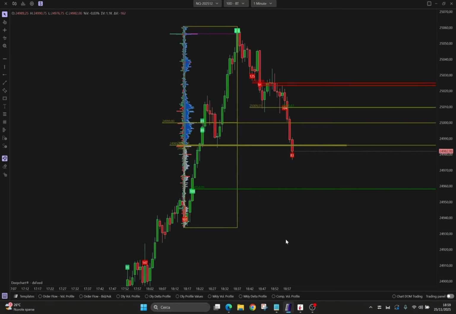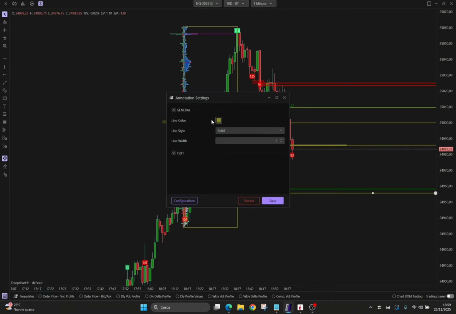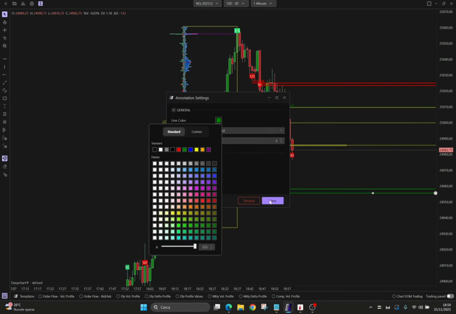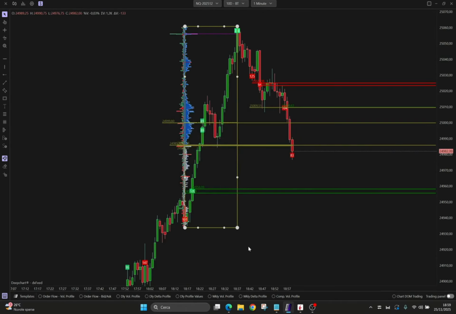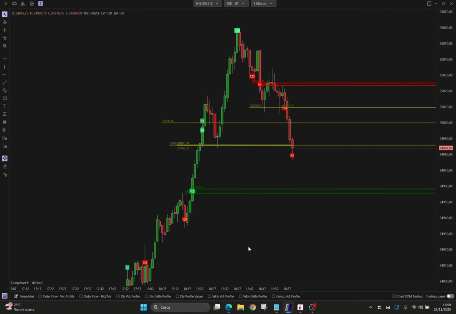Okay, this buyer is willing to protect this position. Let me remove it. Okay. Yes, this one is the leg. This one is the leg.